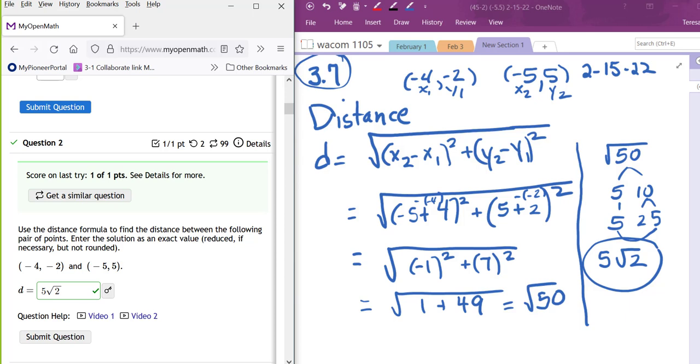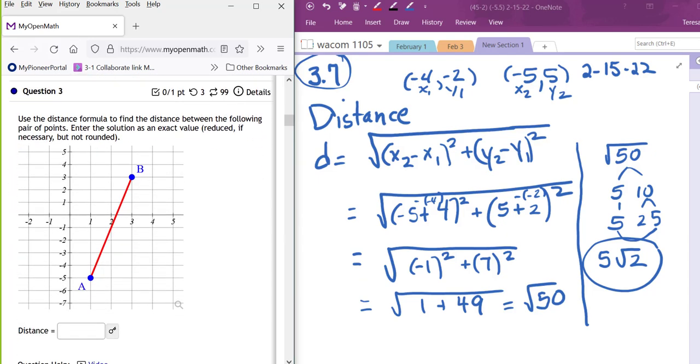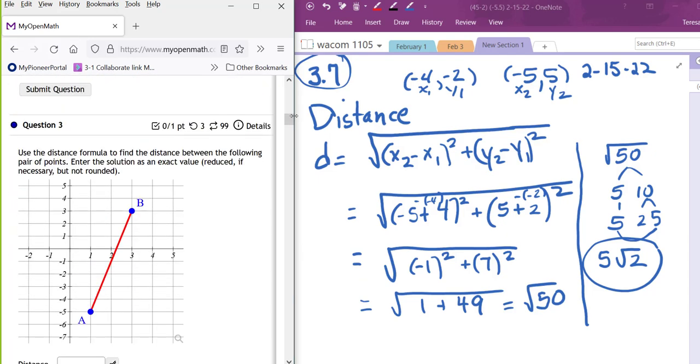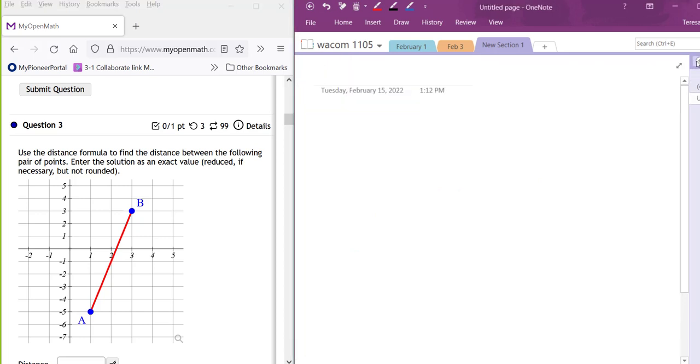So next I picked problem 3. I'm not really going to do it. I'm just going to show you how to start. You're going to use the distance formula on this problem, and you just have to pick your points off. So they've given you a line segment, and so your point A, get your coordinates on it.